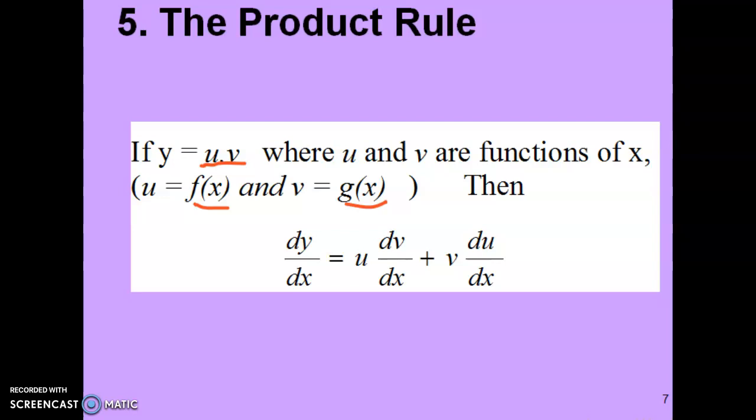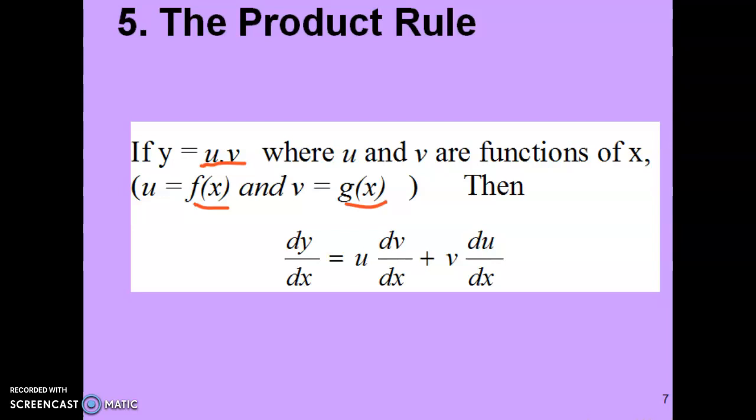First, you say one function stays the same, you multiply it by the differential of the next function, plus the other function is left to stay the same, then you differentiate the other function like this. u stayed the same.